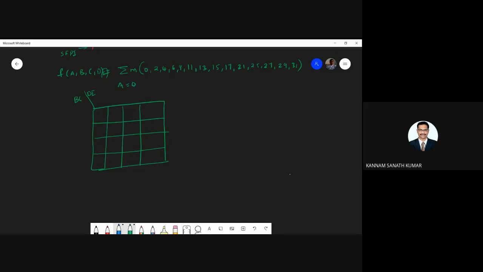So 0, 0, 0, 1, 1, 0, 1, 1, and again 0, 0, 0, 1, 1, 0, 1, 1. Then the cells 0, 1, 2, 3, 4, 5, 6, 7, 8, 9, 10, 11, 12, 13, 14, and 15.